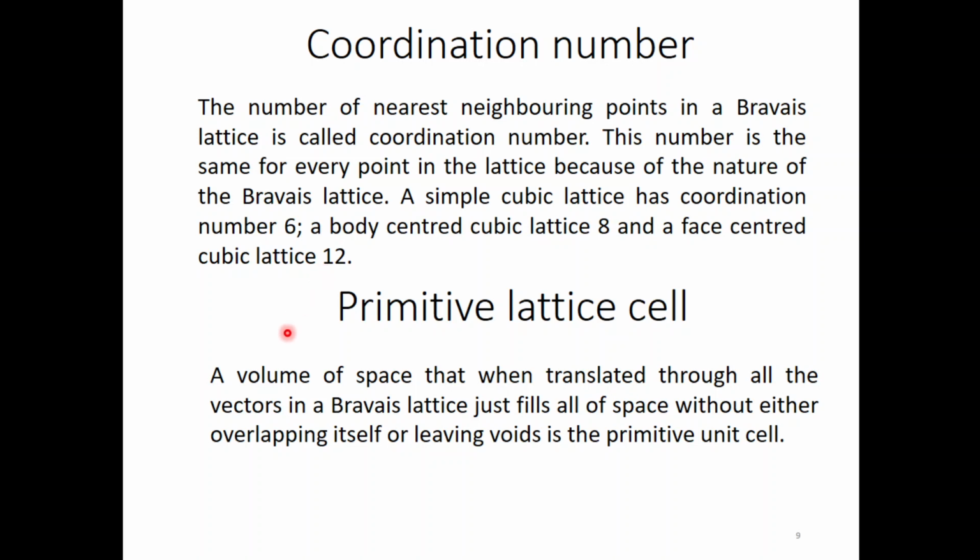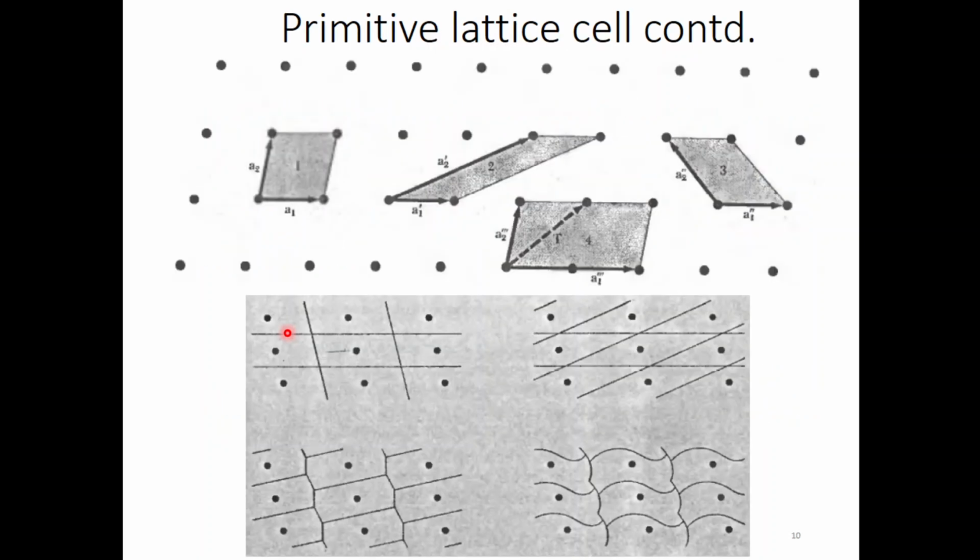Whereas the primitive unit cell is actually the one that contains only one point per unit cell. And there is a very simple construction of this unit cell, right? As far as the primitive cell is concerned, if this is unit cell number 1, then each corner atom is shared by 4 such unit cells.